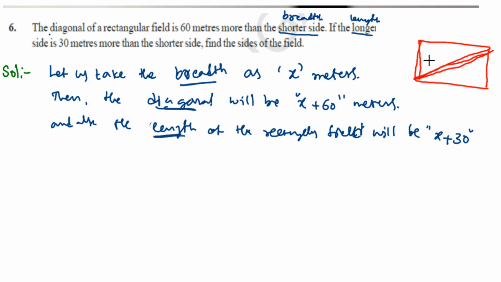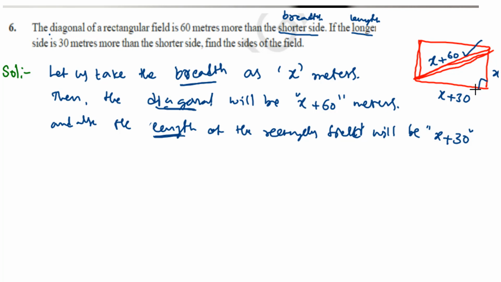So this is x plus 60, and the length of this rectangle is x plus 30, and width is x meters. So now if you observe this triangle, in a rectangle every angle is 90 degrees. So this triangle will be a right angle triangle, and this diagonal is the hypotenuse for this right angle triangle, and these two are the remaining two sides.